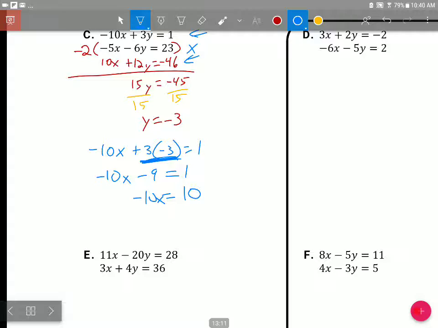And then last but not least, we divide by the negative 10. So 10 divided by negative 10 is negative 1. So your answer is, which number goes first, the negative 1 or the negative 3? Negative 1. Good. Cool.